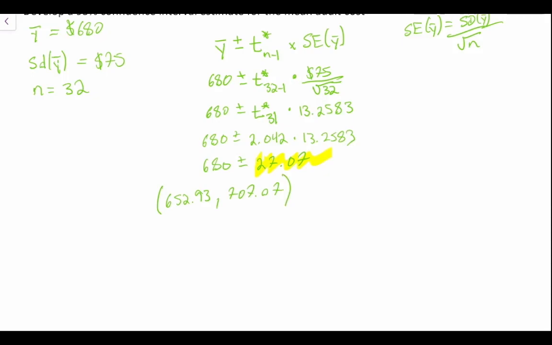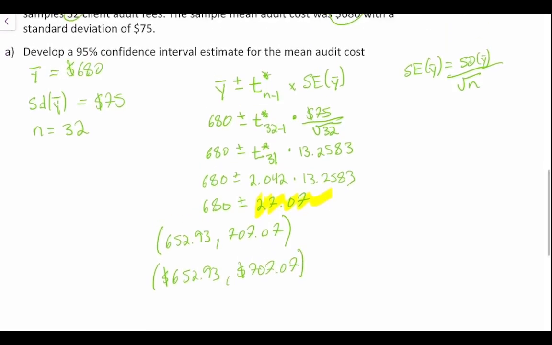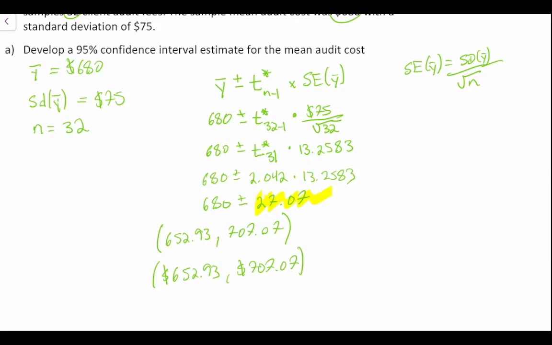Of course, these are in dollars, so we could be more specific in our confidence interval: 652.93 and 707.07. And there we have it. We've just established our 95% confidence interval estimate for the mean audit cost.